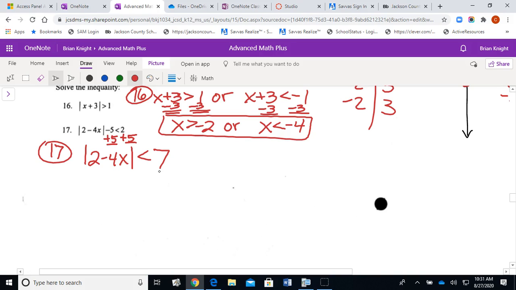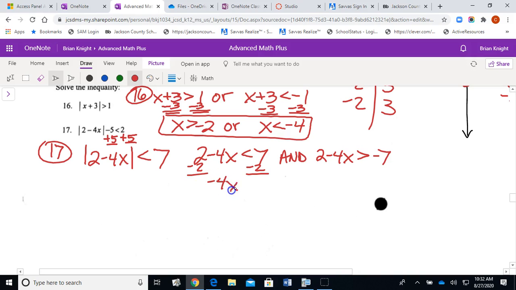All right. Now we make our two equations. So 2 minus 4x is less than 7. Since it's less than, it's going to be an and. And 2 minus 4x is greater than negative 7. And you work them out. These are a little bit more work than 16, so negative 4x is less than 5.